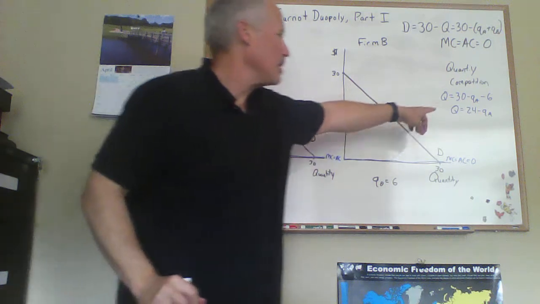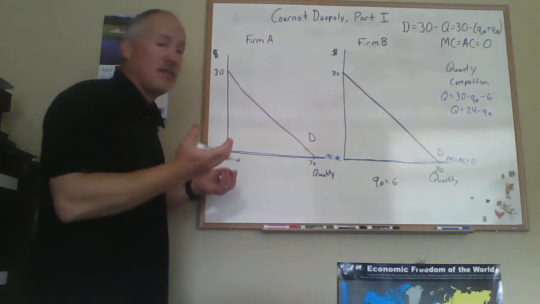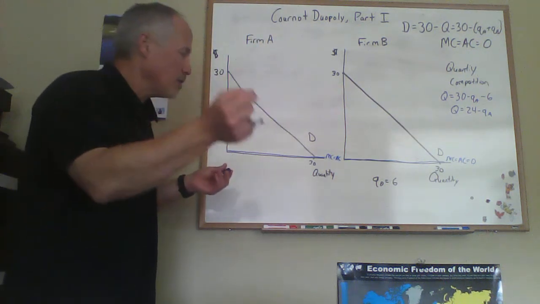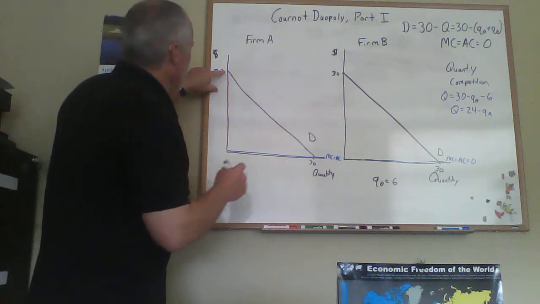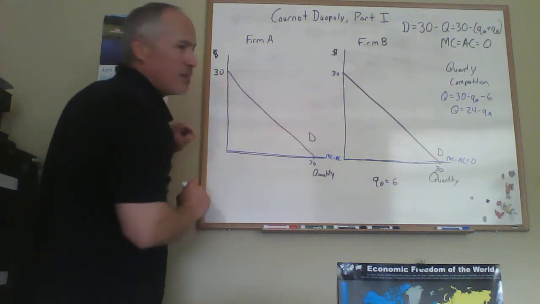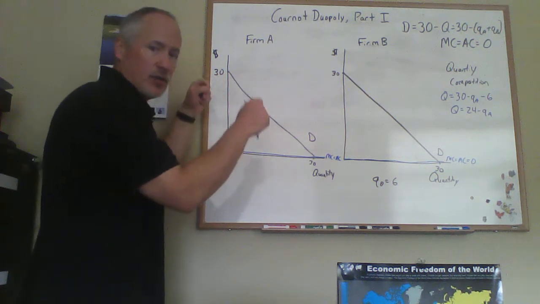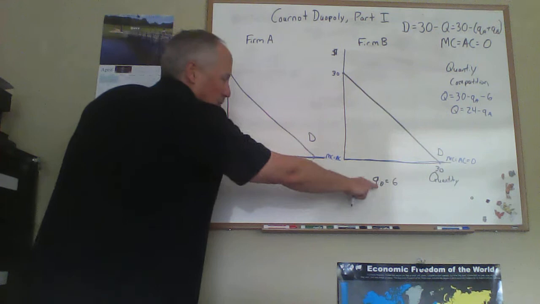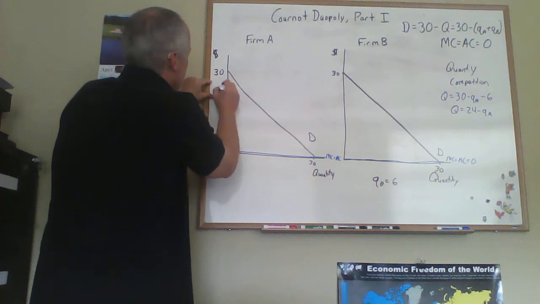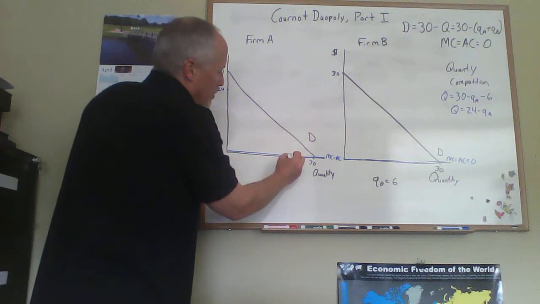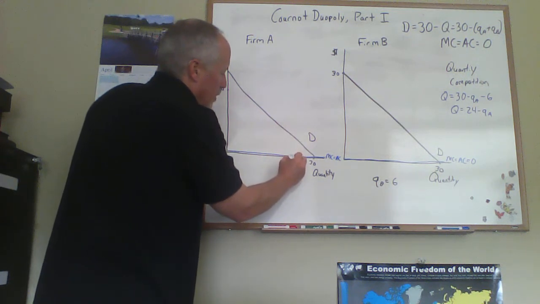That would be the demand for firm A if firm B provides 6. So we shift this market demand curve in, or down, by 6 units, the amount that firm B is going to provide. This intercept would come down to 24.